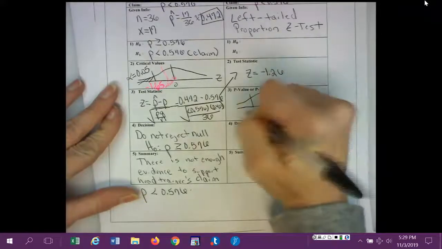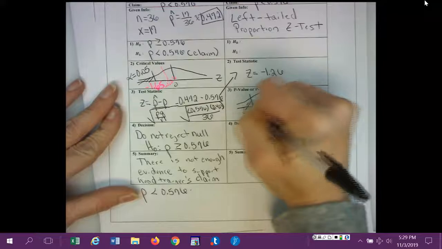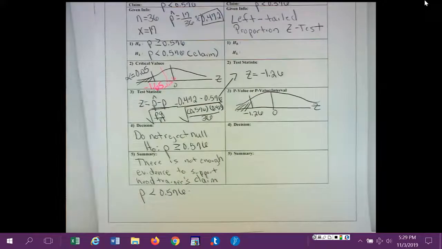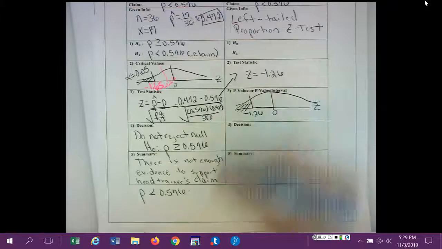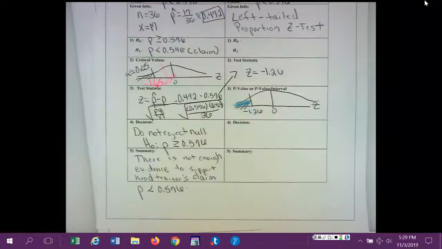Now, p-value method. I am going to draw my z-axis, and I am going to put my test statistic of negative 1.26 here. Shade that. Good news is, because it's a left tail proportion z-test, that area is your p-value. You do not double it. So go to your z-table and look up negative 1.26.